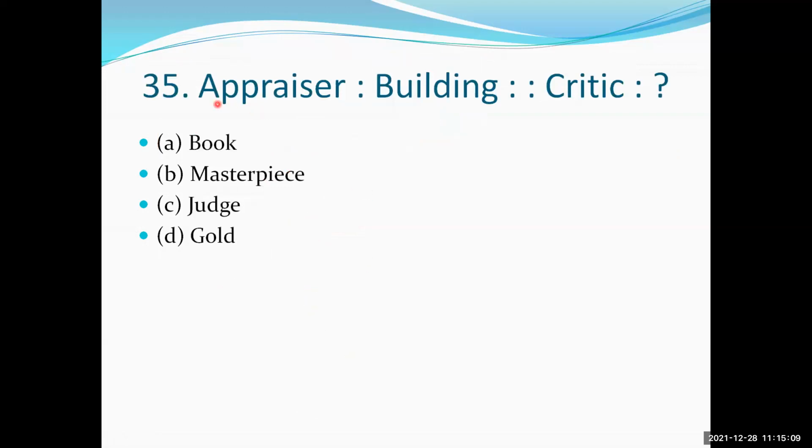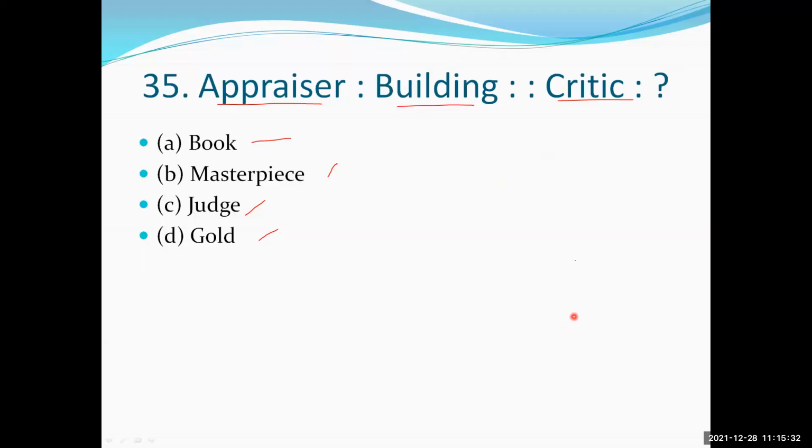And 35 says appraiser is related with building. So critic is related with what? Is it with book? Is it with masterpiece? Judge? Gold? What is it? This time I want explanation also.